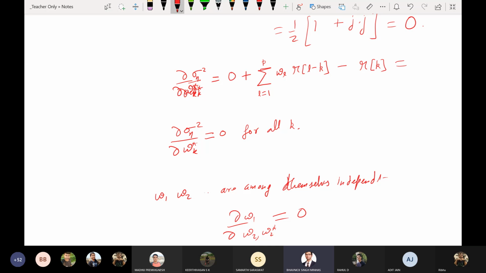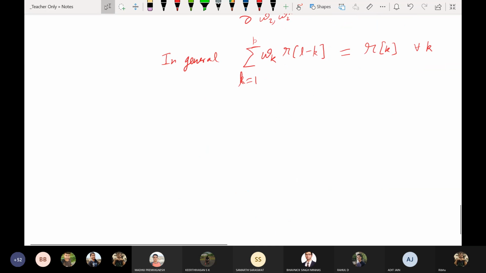If this is equal to 0, then I can say that this is true. Fine, great. So now in order to solve for the W_k's, I simply need to solve these equations.